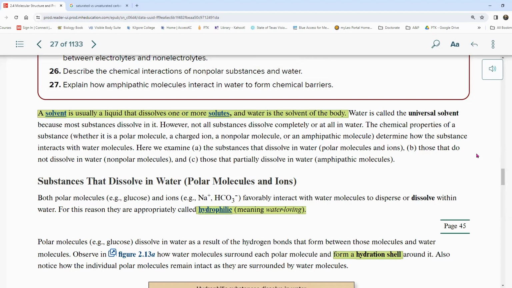So again, solvent would be the liquid that you're going to be pouring something into, which would be the water, and the solute is the chemical or powder or substance that you're going to be pouring into something that needs to be dissolved. So it could be sugar, it could be salt, it could be tea. That would be your solute.